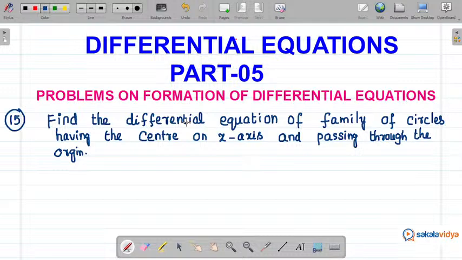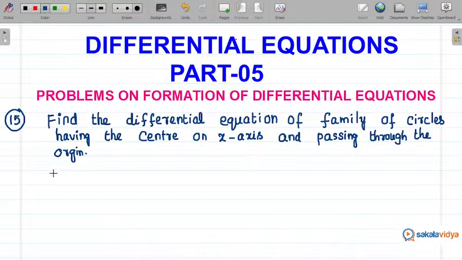Substituting f as 0 and c as 0, we get the equation of the family of circles having the center on x-axis and passing through the origin. Now we will get one arbitrary constant. By differentiating both sides with respect to x, we get the required differential equation. So let us proceed for the method now.